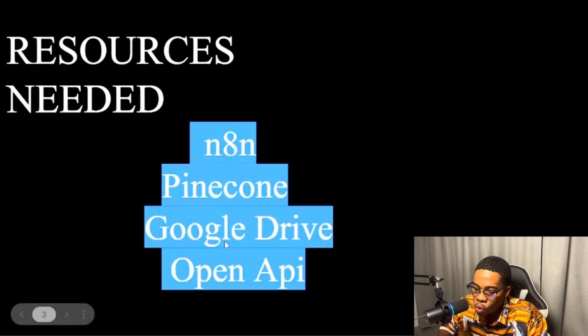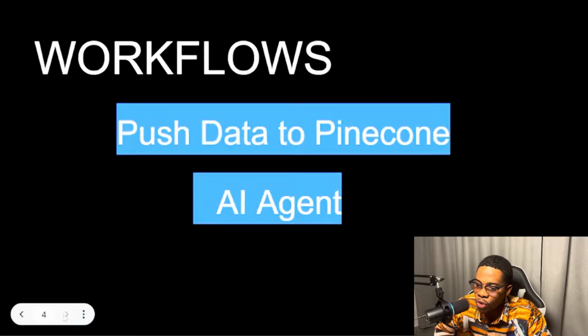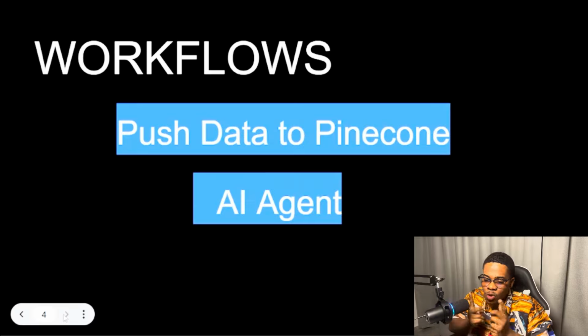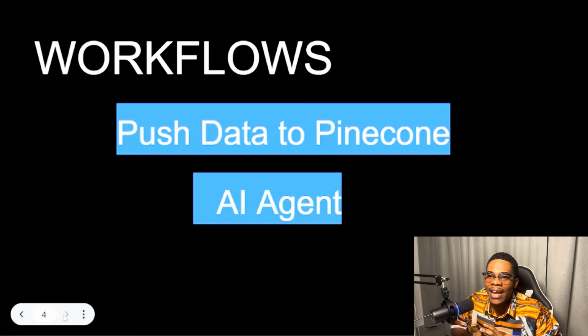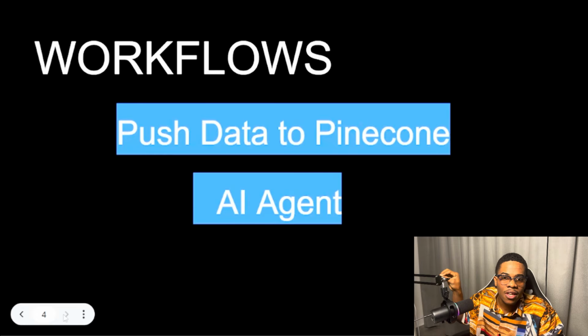So what next? We have two workflows: push data to Pinecone and the AI agent. Push data to Pinecone is like pushing the data we need to the database, kind of storing it in the database, you understand?